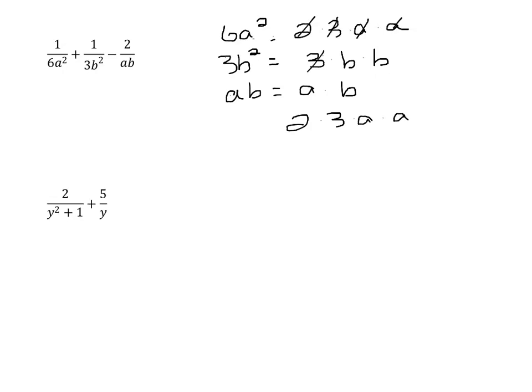We have a 3. We have an a there. We put in those two b's, which means we use that one up. So we're left with 6a squared b squared. That's going to be our common denominator.